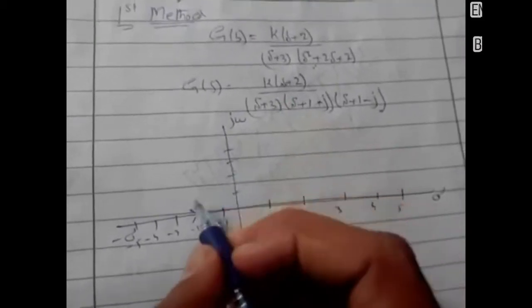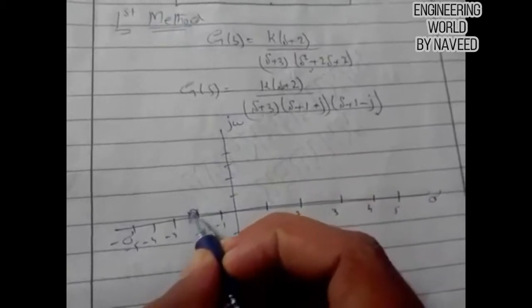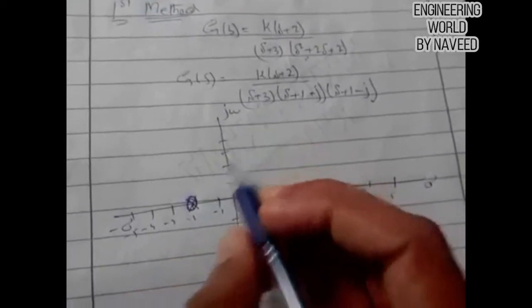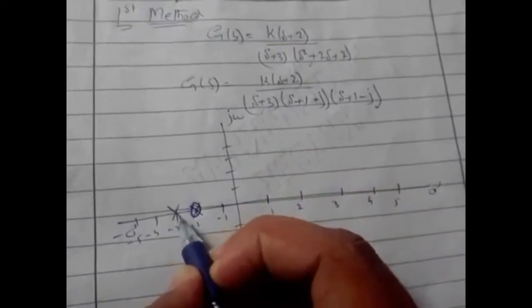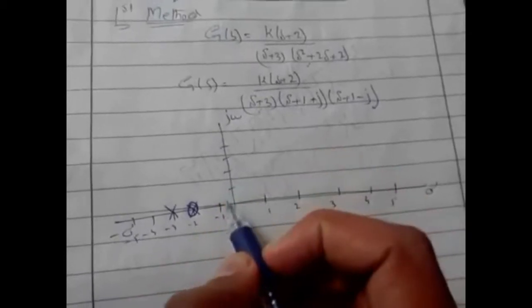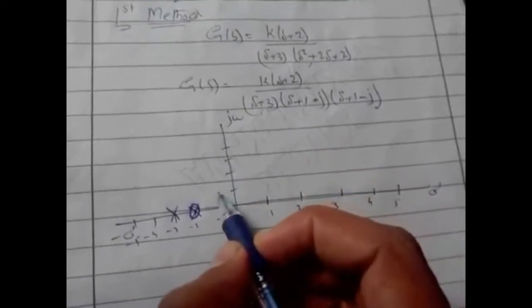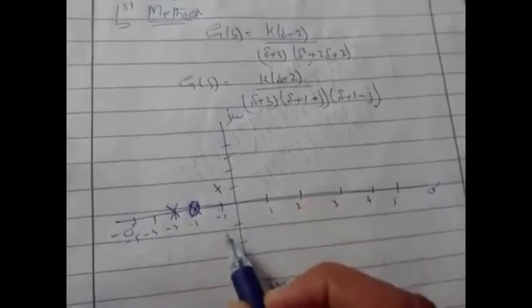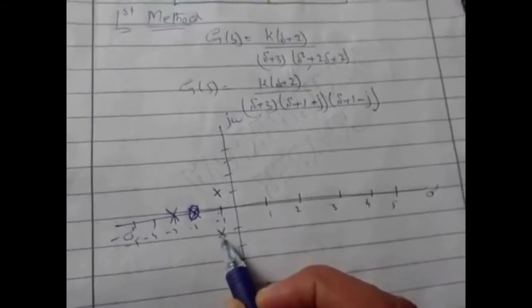So here we have one zero at s equal to minus 2, one pole at s equal to minus 3, and poles at s equal to minus 1 plus j and minus 1 minus j.